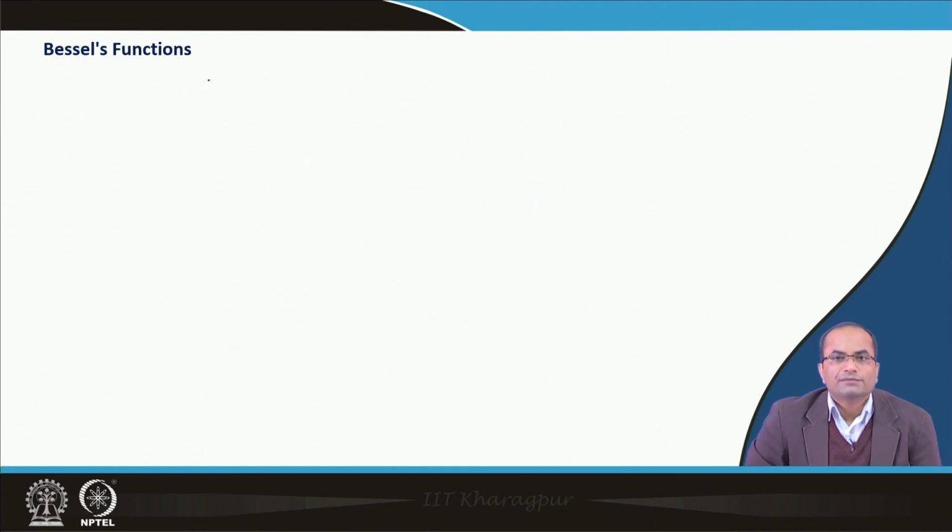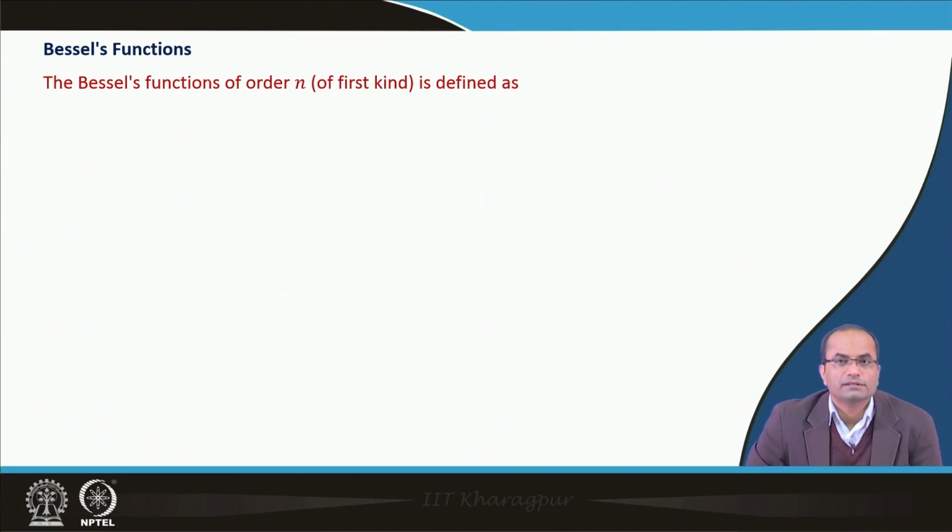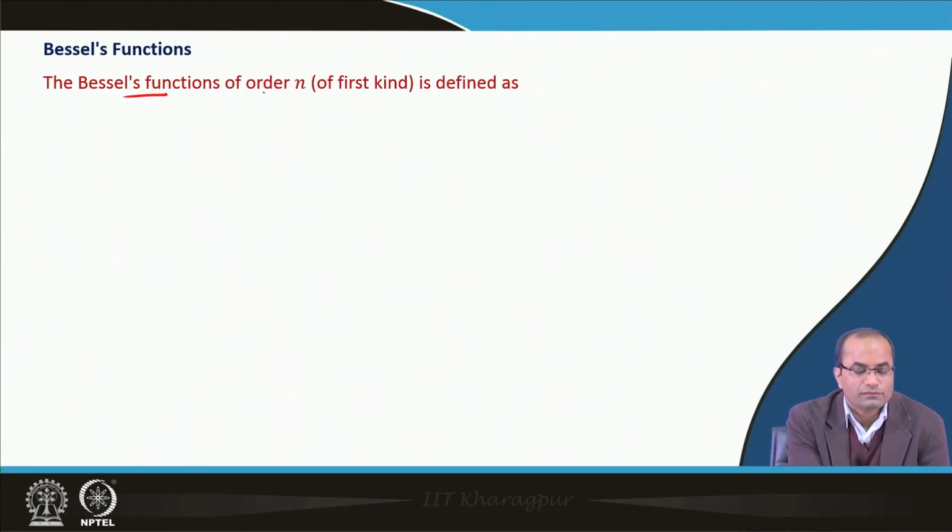Now, we will move to the next function, which is the Bessel function, or rather Bessel functions, because it is a sequence of functions. So, the Bessel functions of order n.